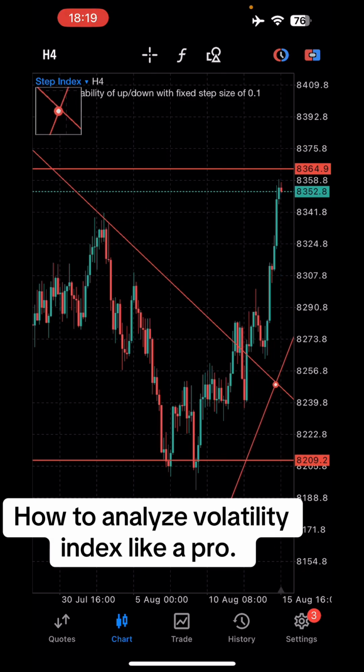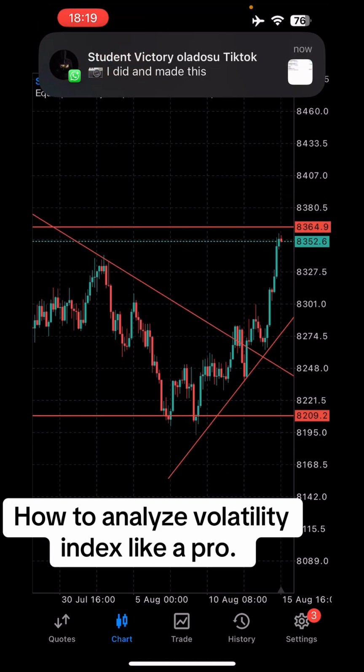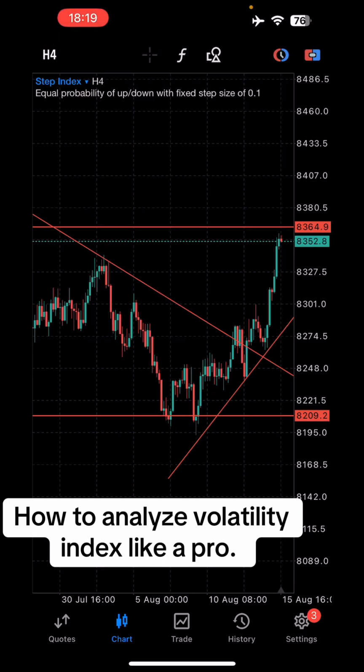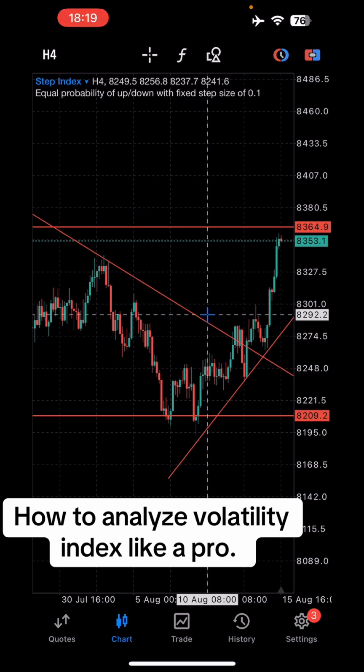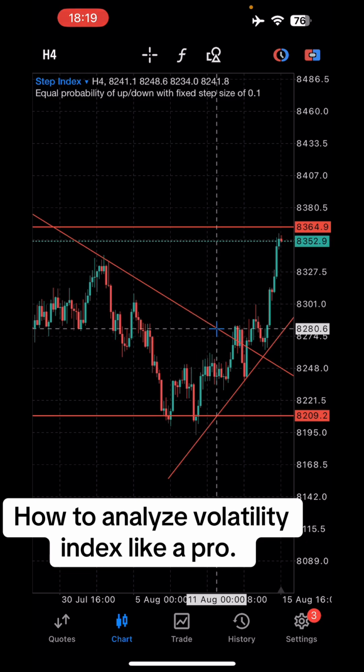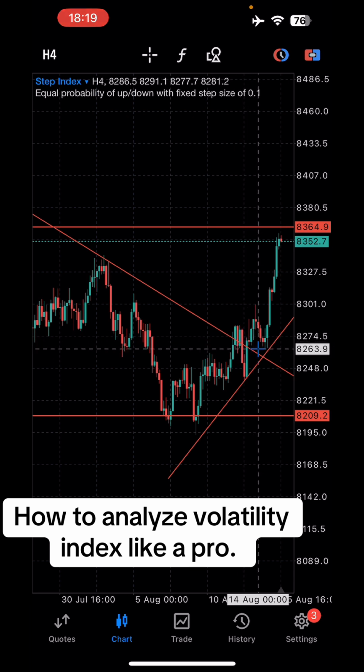Look at it here. Even if it was not directly on this particular trend line, because this trend line is your downtrend trend line.